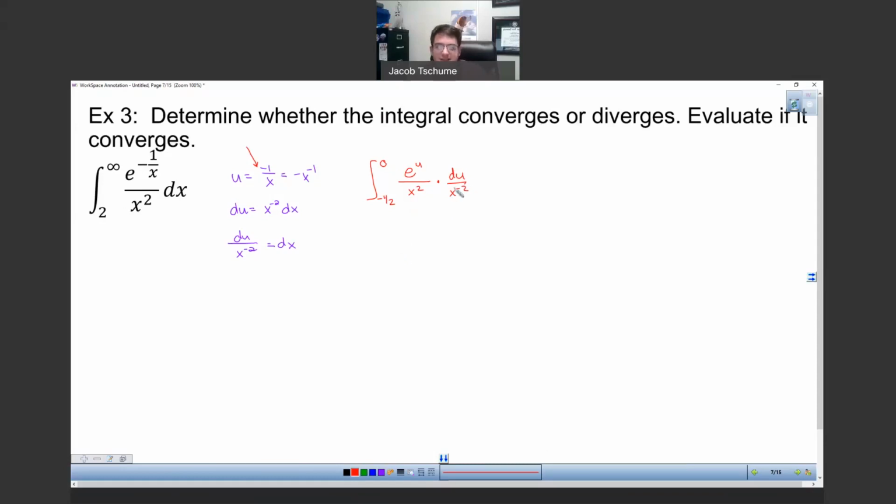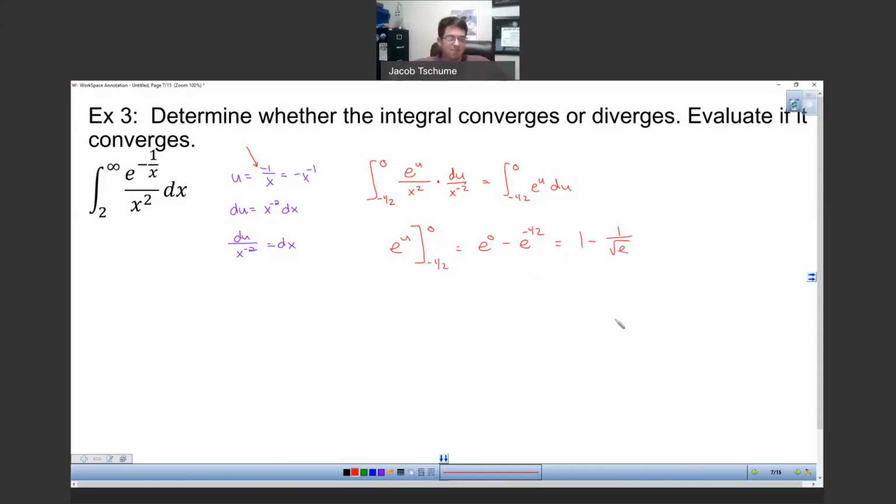Very nicely, those x's actually multiply and cancel each other, and you just have the integral from negative 1/2 to 0 of e to the u du. All right, so if you integrate that, it just becomes e to the u that I'm going to evaluate from negative 1/2 to 0. This will become e to the 0 minus e to the negative 1/2, which is the same thing as 1 minus 1 over root e.